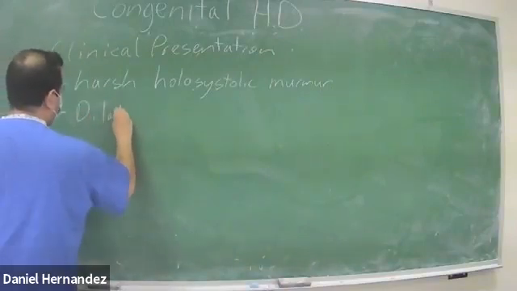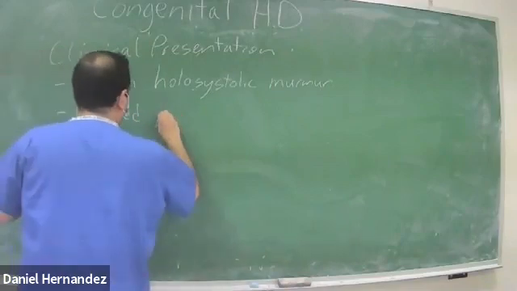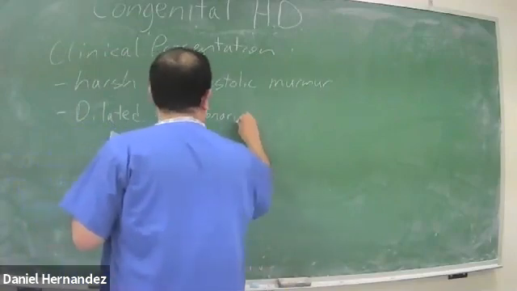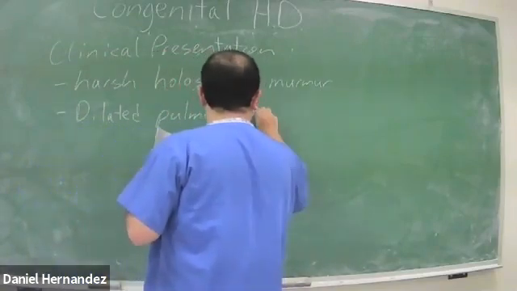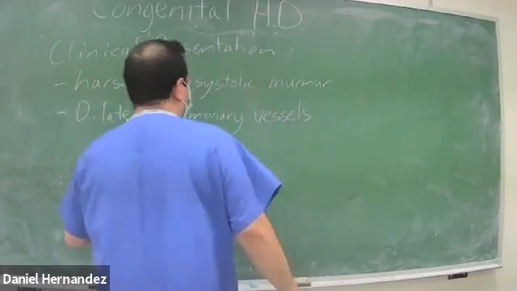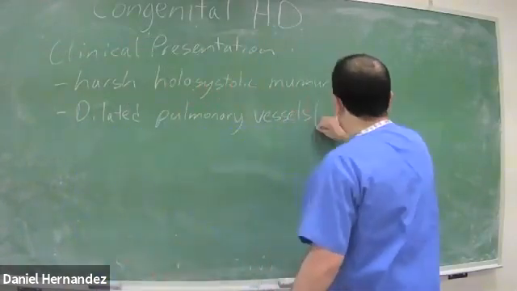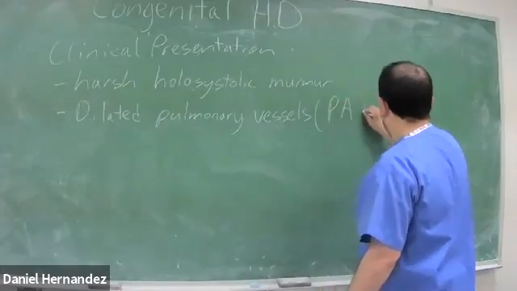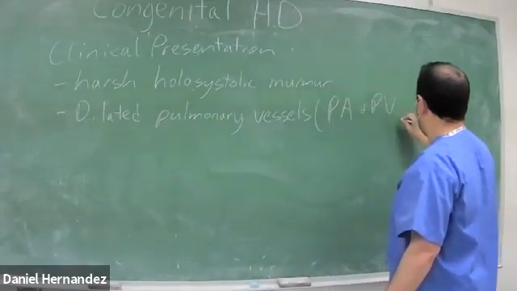Dilated pulmonary vessels. That's going to be both your pulmonary artery and pulmonary veins.